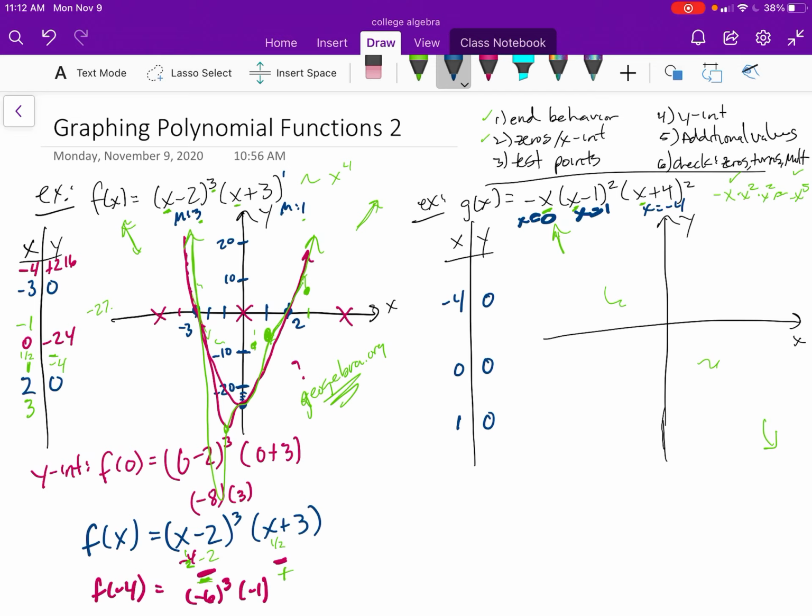If x were 0, I know the whole thing would be 0 because of this first factor here. If I have negative 0 times, I don't care what's in the next one or the next one, 0 multiplied by anything is 0. So the y-intercept is also 0. The points are negative 4, 0, then 0, 0, and then 1, 0.